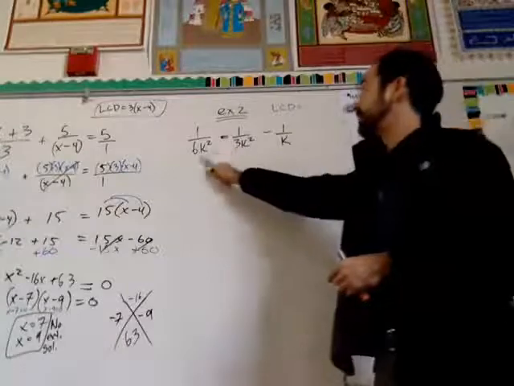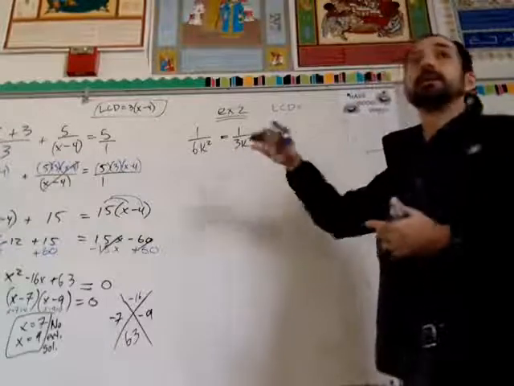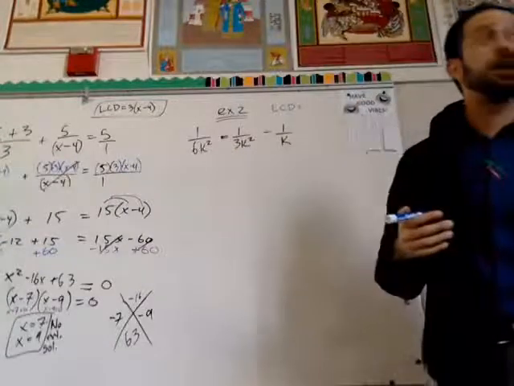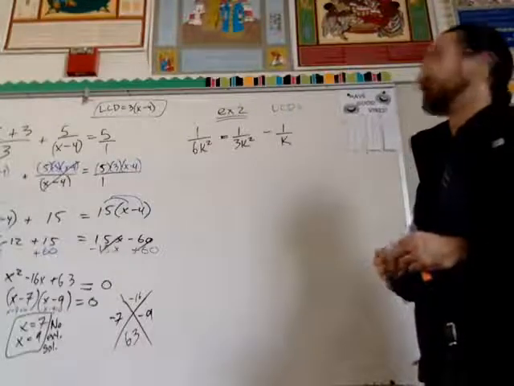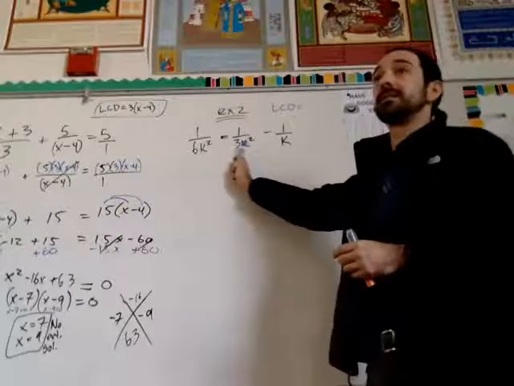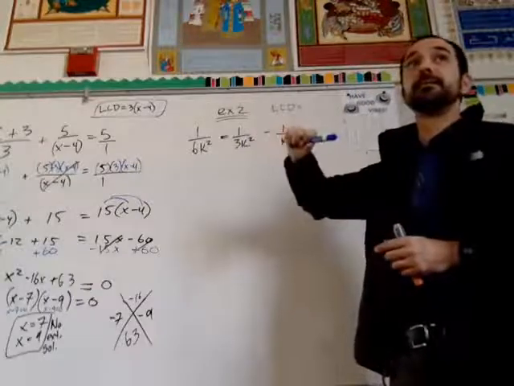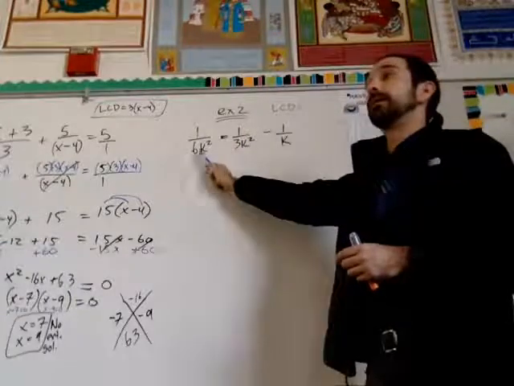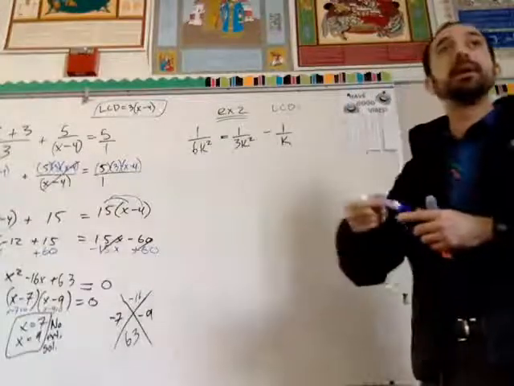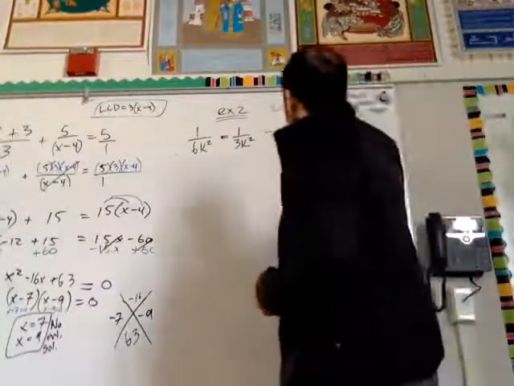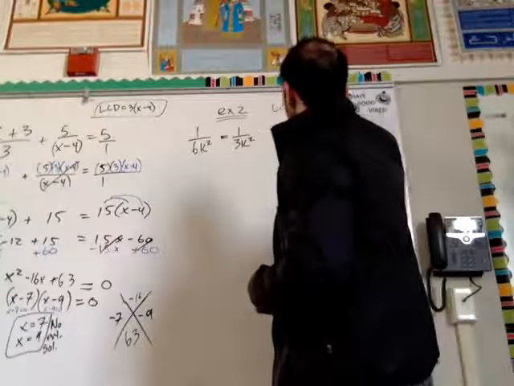K, but these don't fit into K, so it's not big enough. Which of my denominators would be nice if it was the least common denominator? You look to the biggest denominator. The biggest denominator, if the others fit into it, then you know that that's your least common denominator. It is going to be 6k squared.